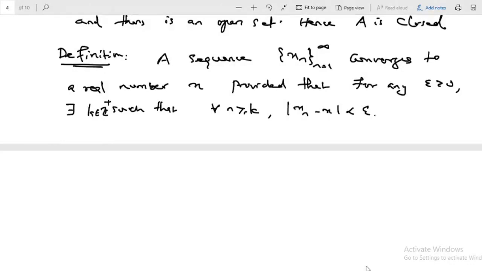And we denote this convergence by xn converges to x.